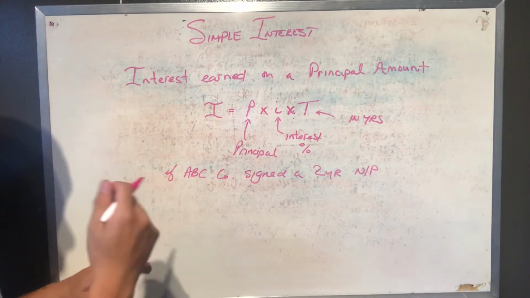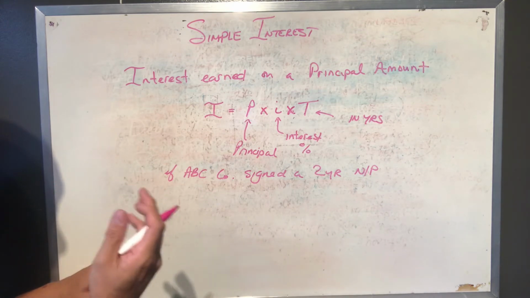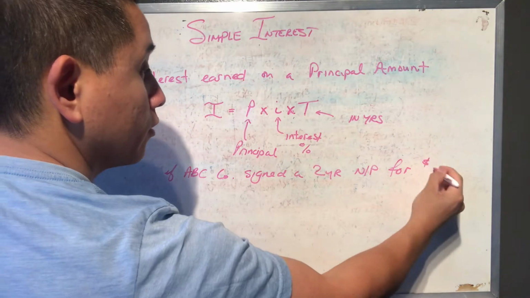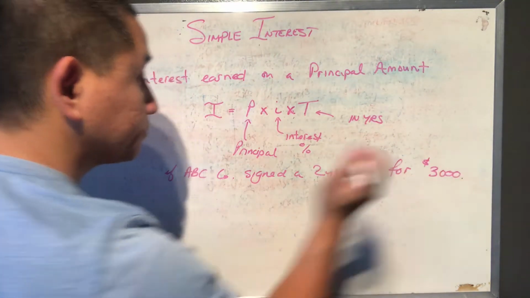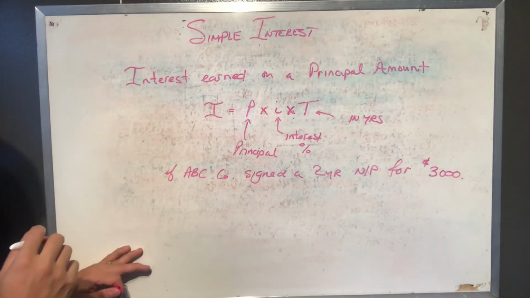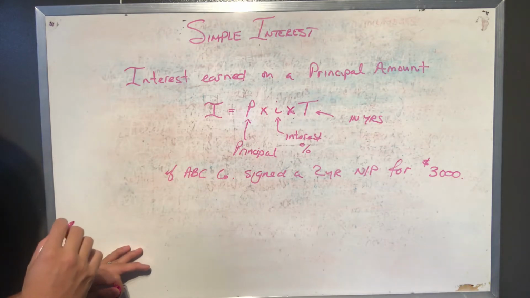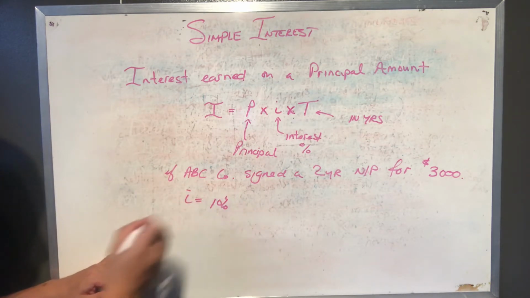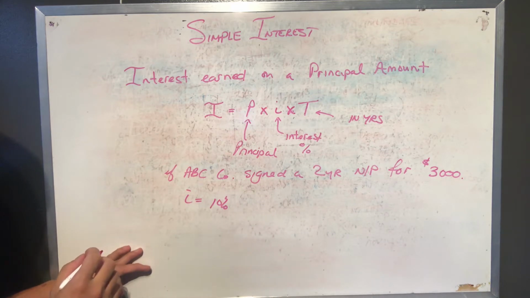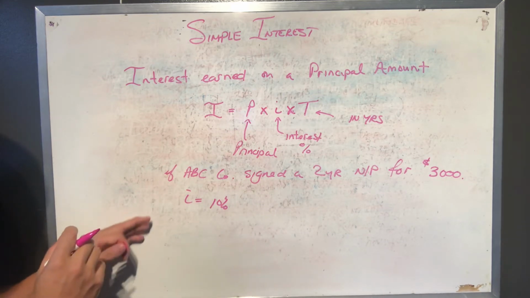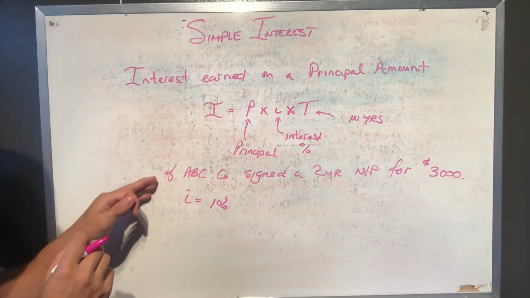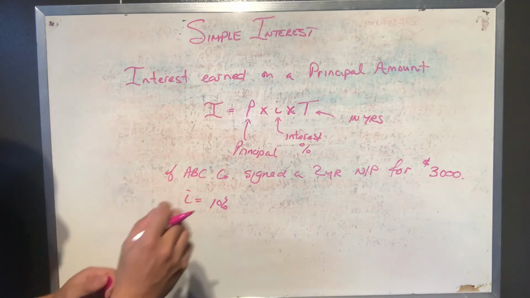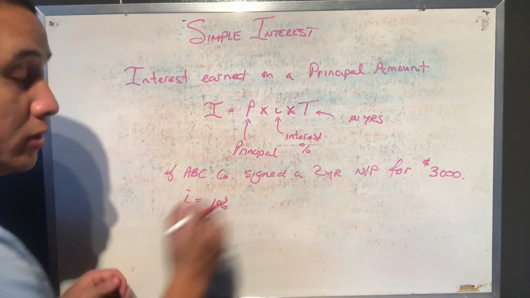Remember that notes payable is a current liability for $3,000, and this notes payable carries an interest rate of 10%. So the interest and principal are paid upon the due date or the maturity of this notes payable, which is going to be 2 years.